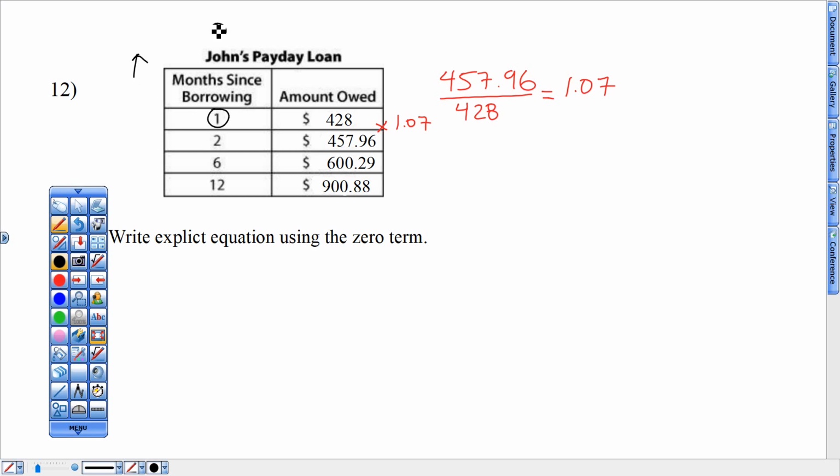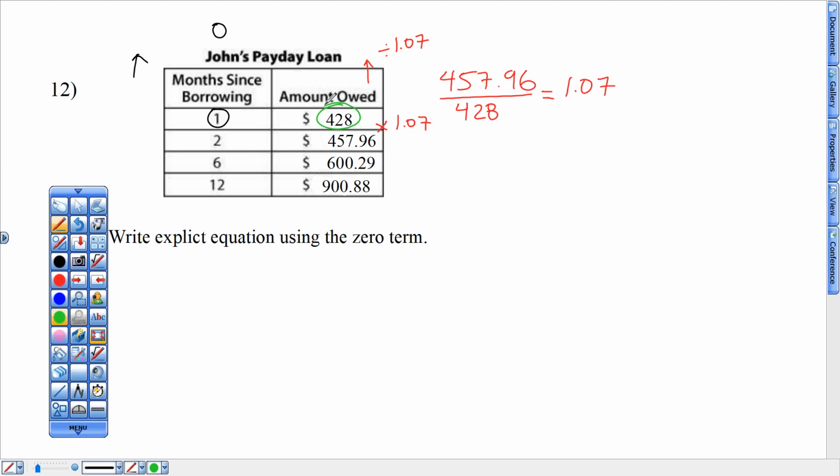All right, now I need to go up the table from this 1 here to really the 0 term in this sequence of numbers. So if I'm going up the table, I'm doing the opposite of multiplying by 1.07. That means I'm dividing by 1.07, and the number I'm typing in my calculator first is this 428.